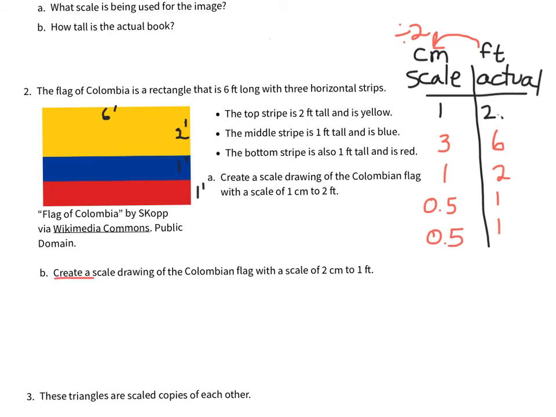So the drawing is 3 centimeters long, 1 centimeter for the yellow stripe, a half centimeter, and a half centimeter. And because it's a rectangle, we get the same things on the other sides.